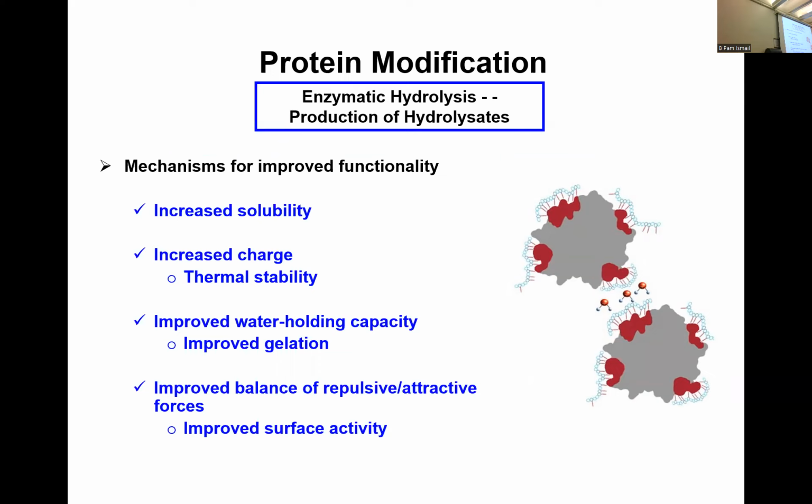Improved gelation is due to enhanced protein-water interactions and probably an enhanced balance of hydrophobic to hydrophilic or repulsive-attractive forces. So we enhance surface activity. When you hydrolyze, it's also denatured, so you open up the structure and expose different groups. So that's the theory, that with hydrolysis you can get this, but it has to be targeted, it has to be controlled so that you can get these activities.